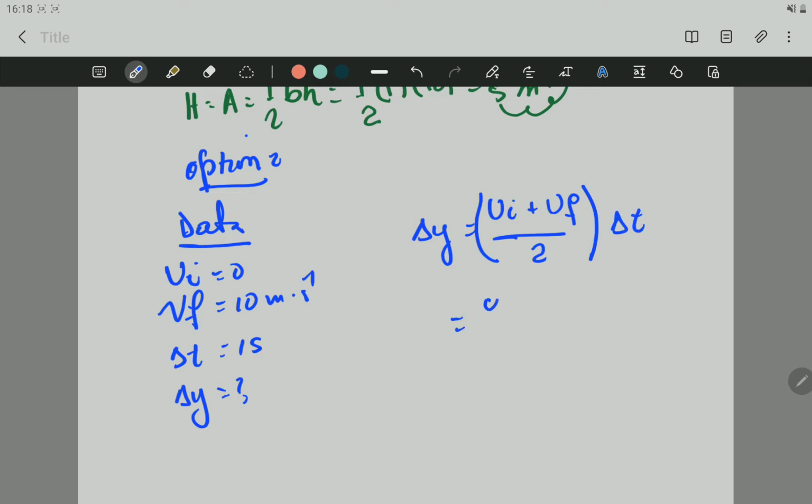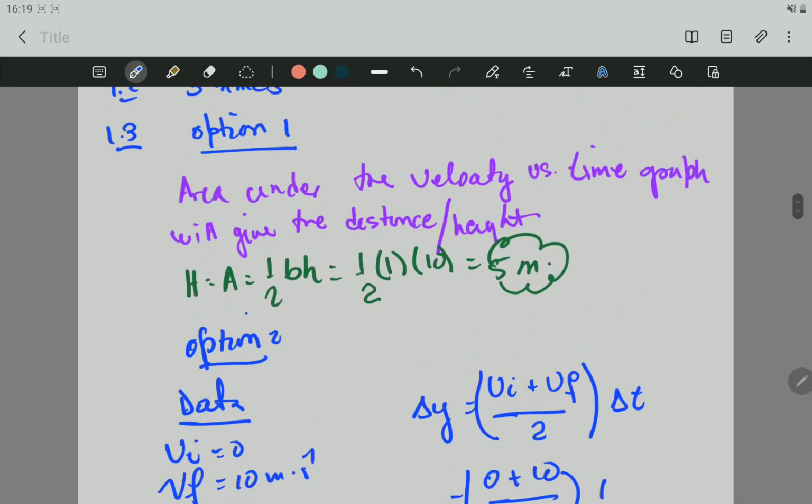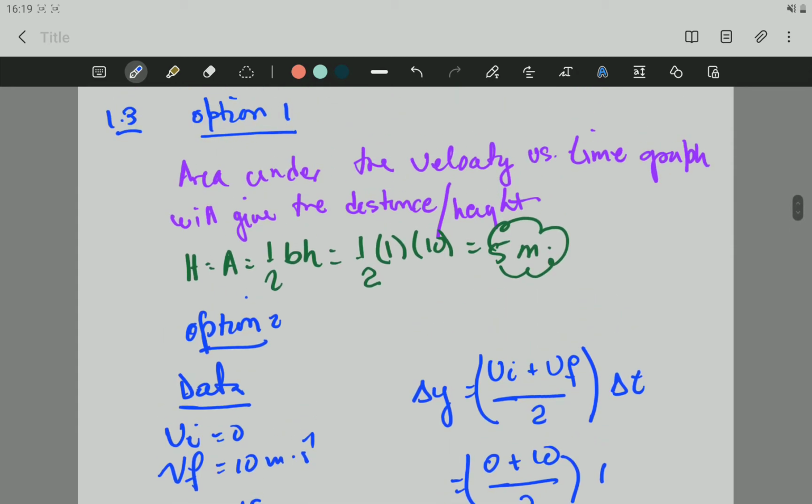Initial velocity is 0, final velocity is 10, divided by 2, everything multiplied by the time, which is 1. Then 10 plus 0 is 10, divided by 2 is 5, multiplied by 1 is 5 meters. This is the height, displacement. You can see that it's the same in option 1 and in option 2. You can use either way. However, sometimes they ask you to use the graph and not the equations of motion. Therefore, in that case, this is the way to go.